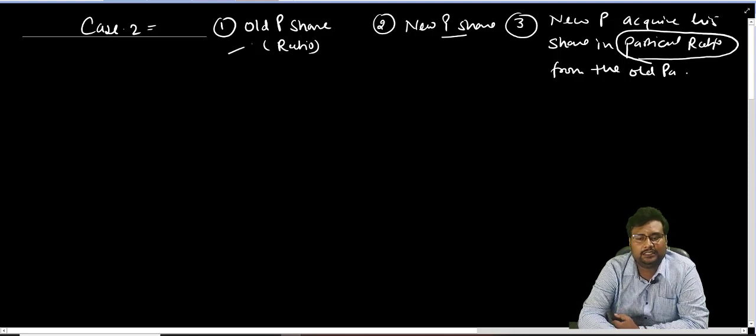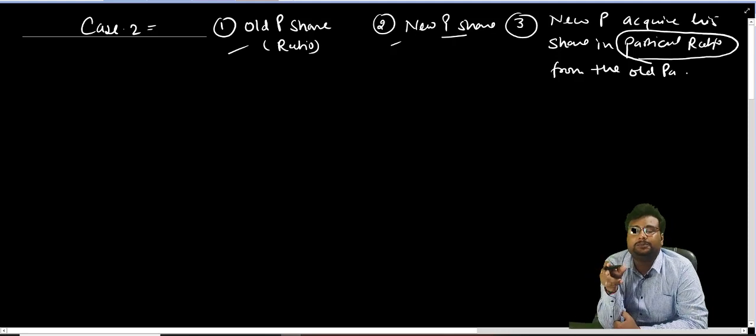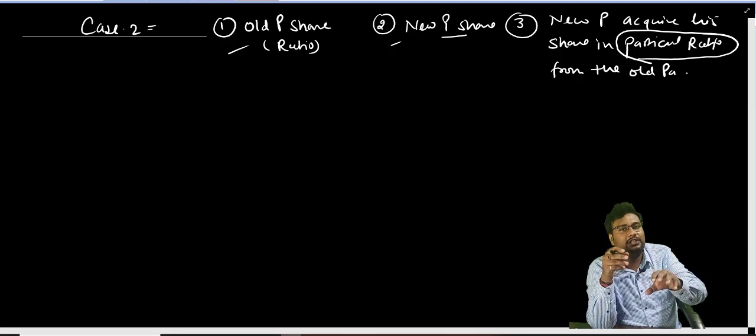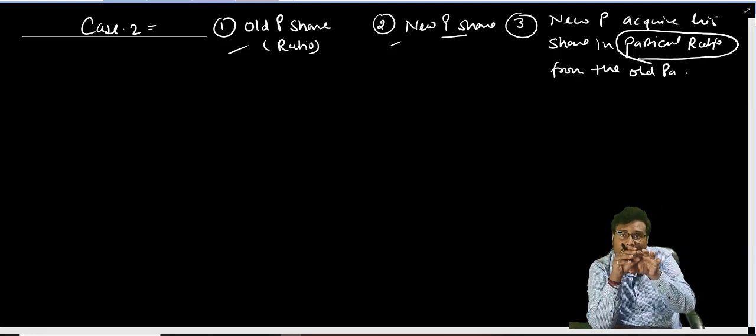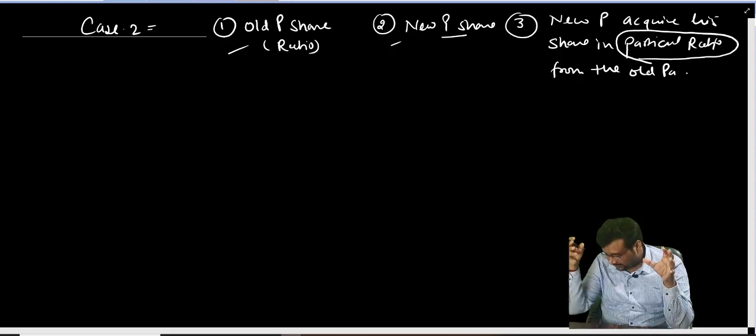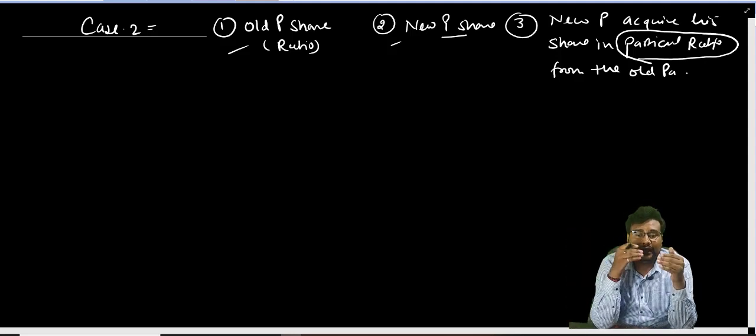So when this third information is present, that the new partner is acquiring those shares from the old partners in a particular ratio, that is actually case number 2.